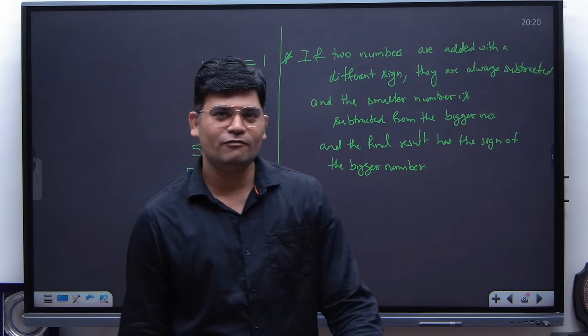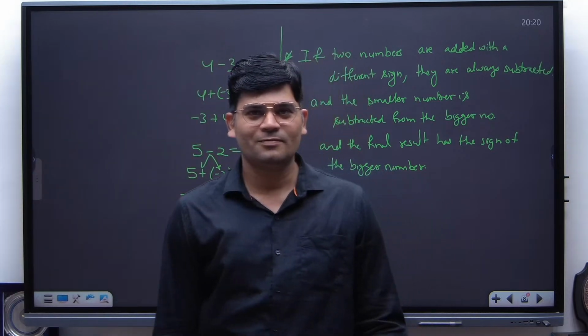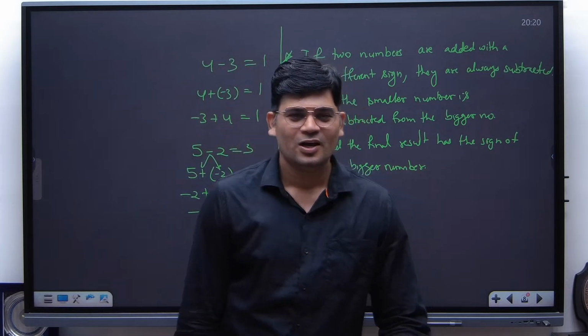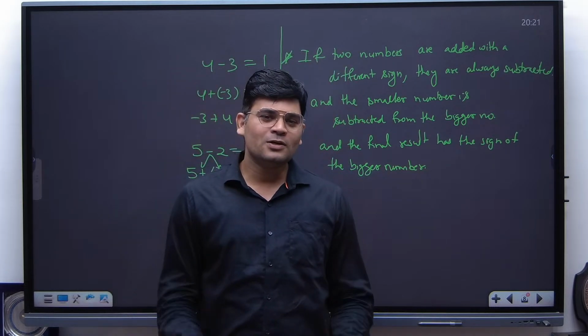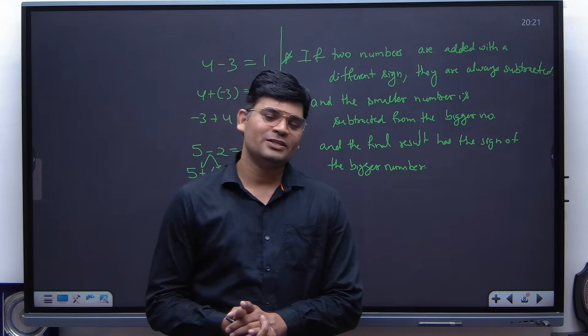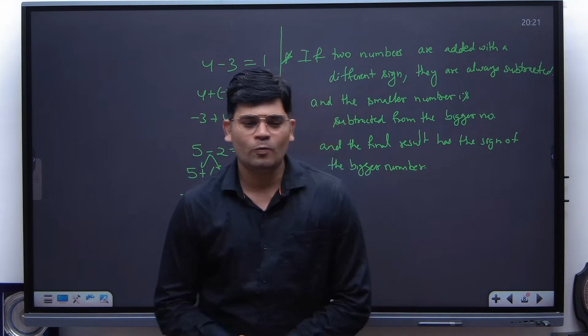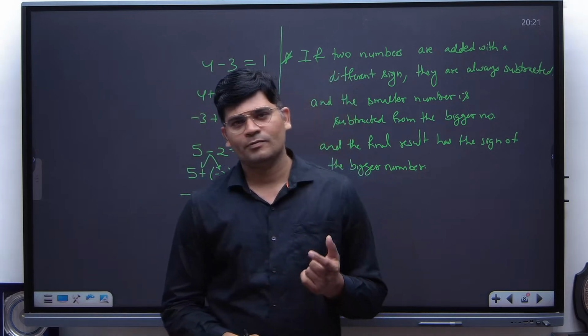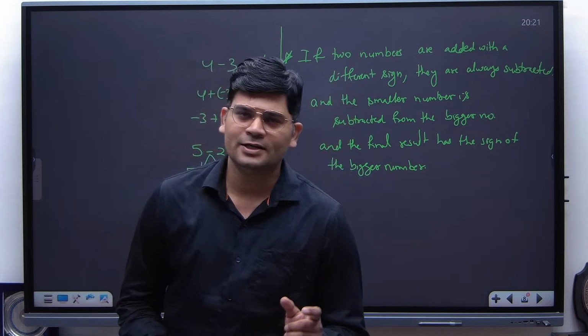Try to understand this very long statement. It looks like a paragraph. If two numbers are added with different signs, they are always subtracted, the smaller number is subtracted from the bigger number, and the final result has the sign of the bigger number.